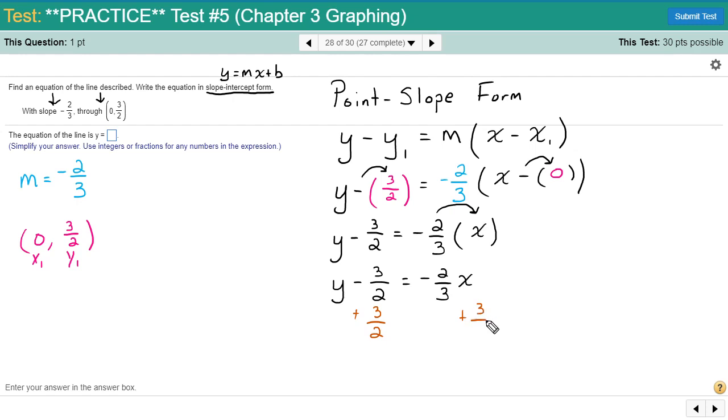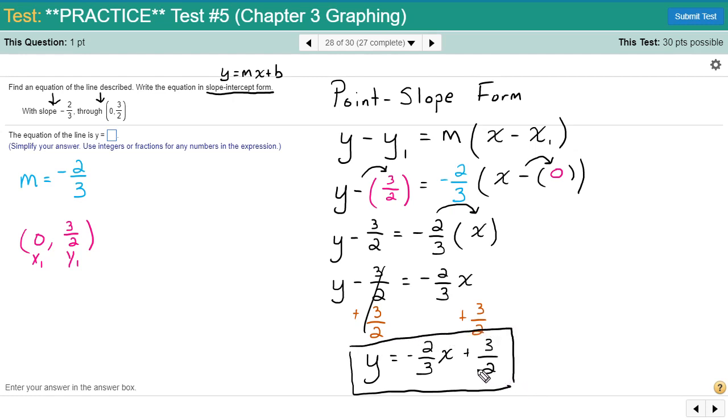As soon as we add 3 halves to both sides, here on the left, we can see that negative 3 halves plus 3 halves is now gone. So the only thing remaining on the left is y equals, and on the right we're going to have that negative 2/3 x, and we just added 3 halves to this side, and so there we have it, our equation in slope-intercept form.